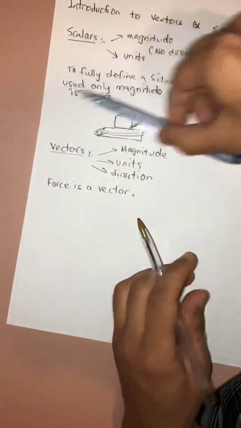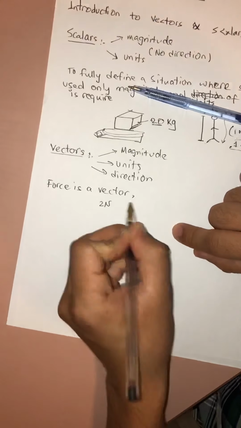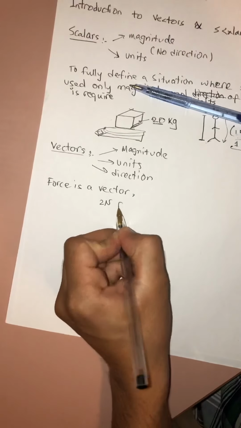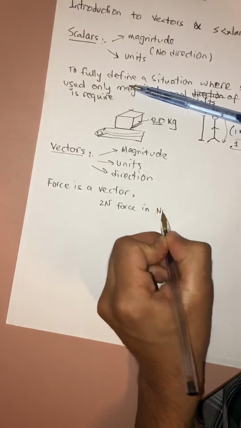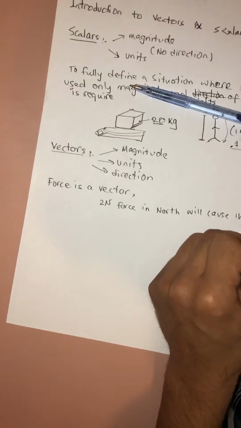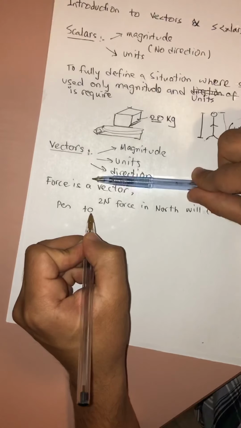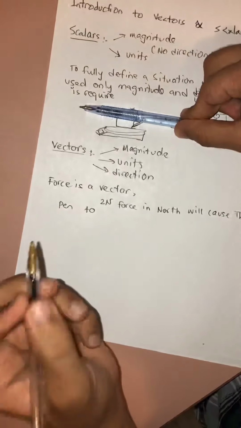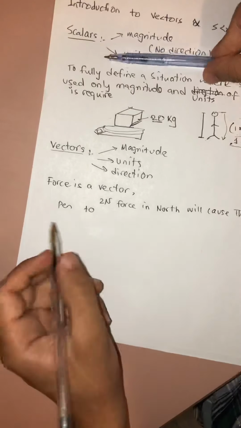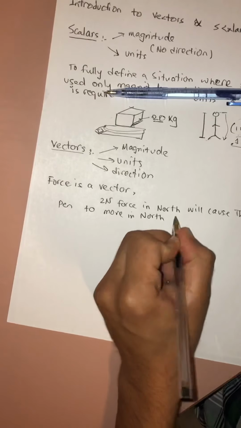That means that not only unit and number, which is magnitude, is required, there is a need of direction as well. So 2 Newton force in north will cause the pen to move in north direction.